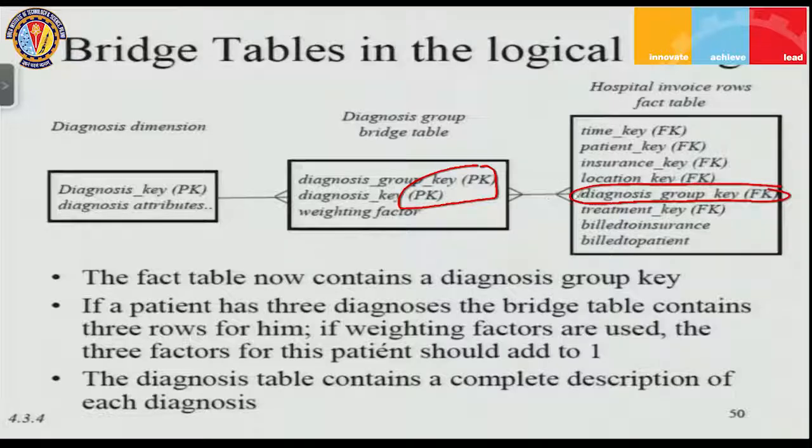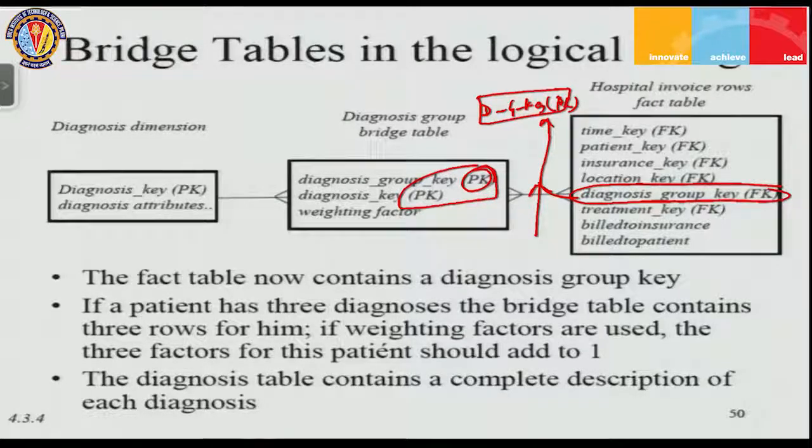This is not typically allowed, because this is referring only to a part of the primary key. So what they do is they insert another table here, which you can name anyway, and there is only one diagnosis group key, only one attribute, and that is the primary key. So this talks to this.